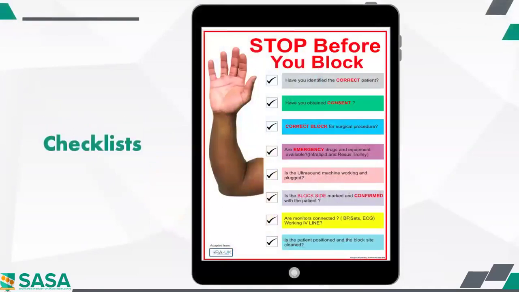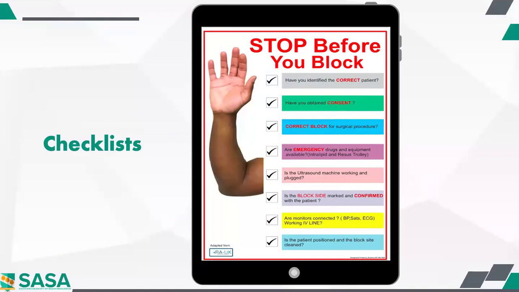In addition, the use of checklists. In our setup, we use the "stop before you block" protocol, which was adapted from the UK regional anesthesia guidelines. In the stop before you block protocol, we aim to identify the patient.